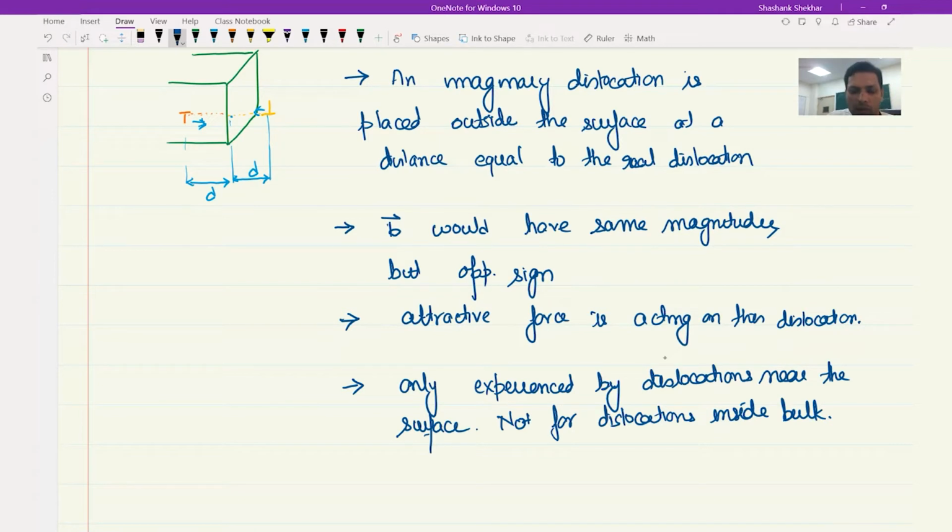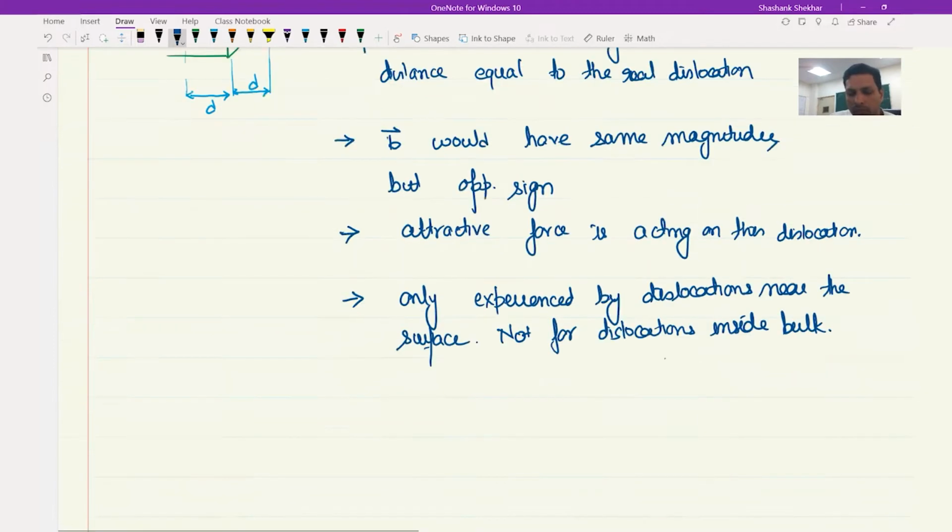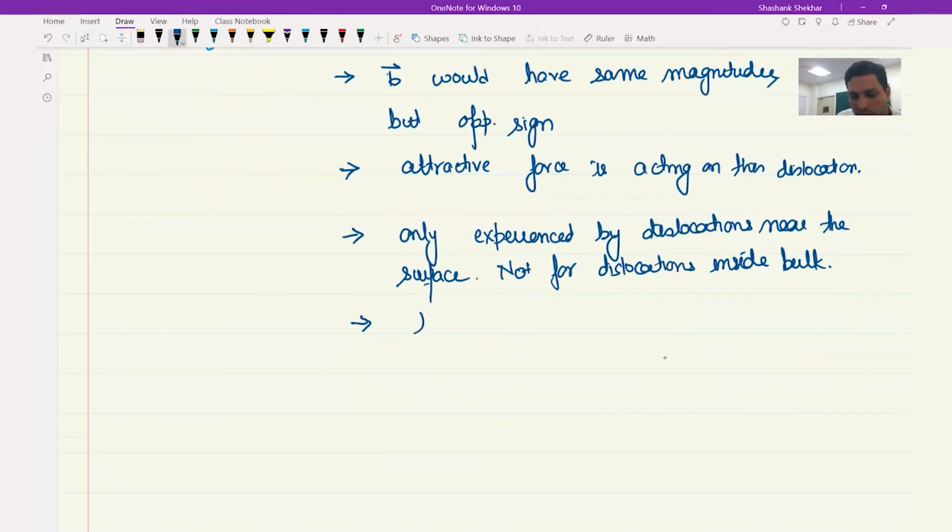Once we look at it in closer detail, it will explain why only the dislocations near the surface experience this, but not the dislocations inside the bulk. And this is true for edge and screw dislocations as well.